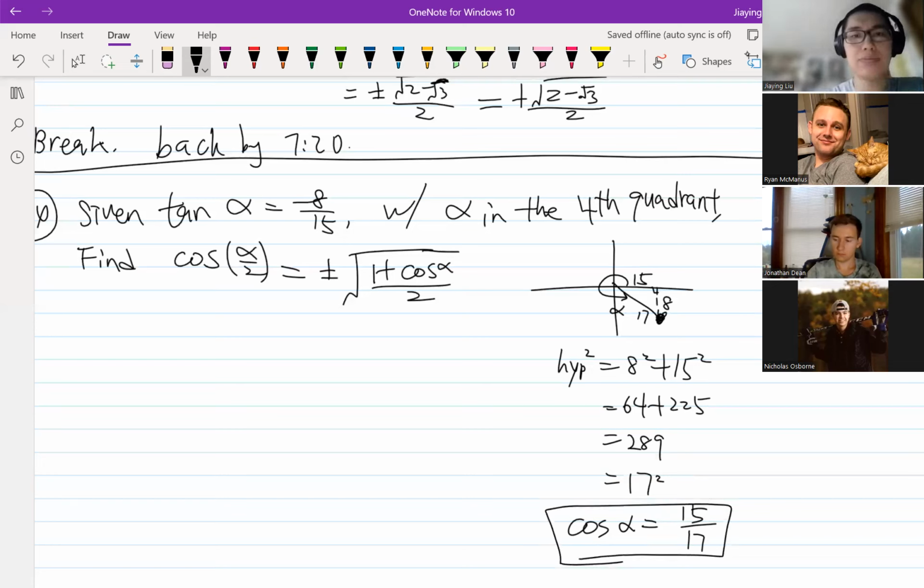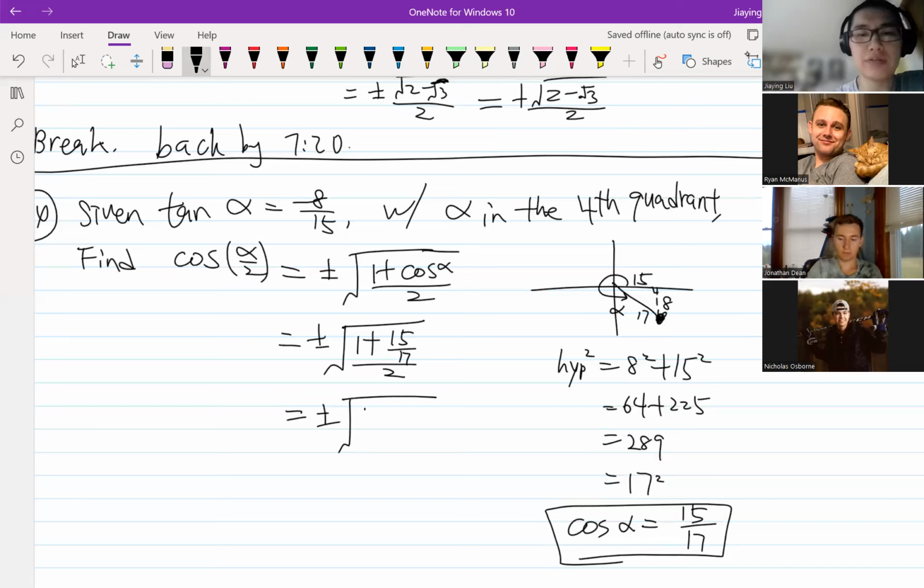So now we can take this and put it into the formula for the half angle. So that's going to be plus or minus square root of 1 plus cosine alpha, which is 15 over 17, divided by 2, and we just have to be careful simplifying. So that's plus or minus square root of the 1 becomes 17 over 17, plus 15 over 17, and all divided by 2.